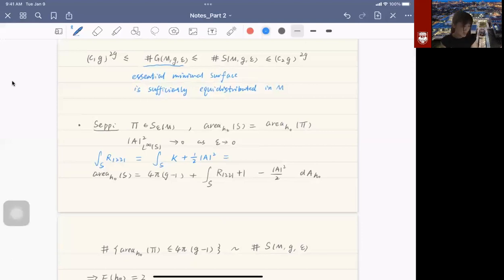Okay, and we also know that by Gauss-Bonnet, the integral of the Gaussian curvature is equal to 4 pi times (1 minus g), then plus the integral of A squared over 2. That's it. Then we just need to add 1 in the integrand, and we put some terms to the other side, and eventually we are going to have this formula.